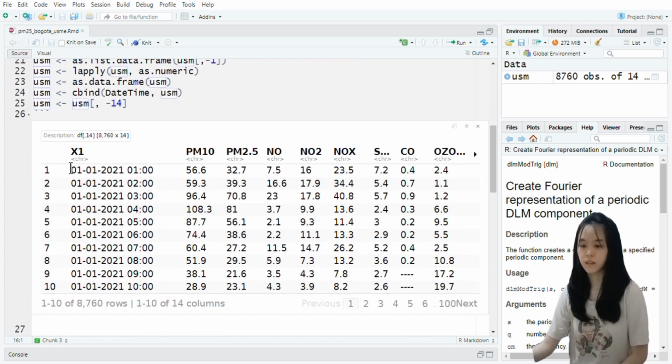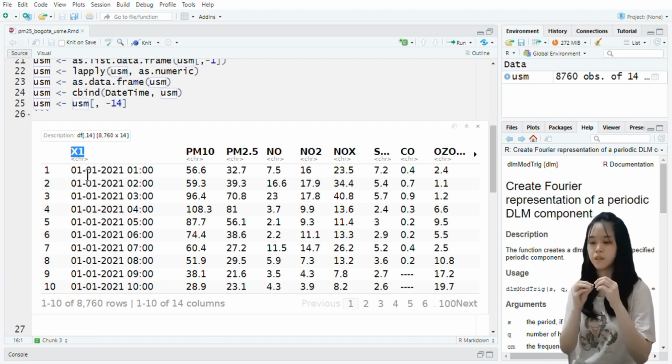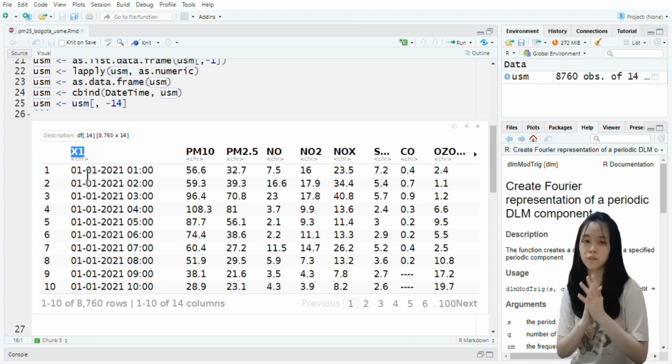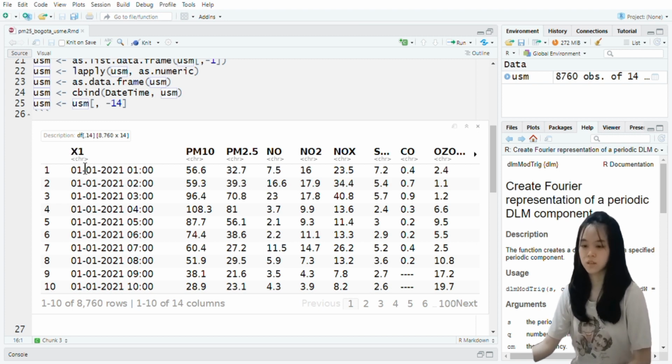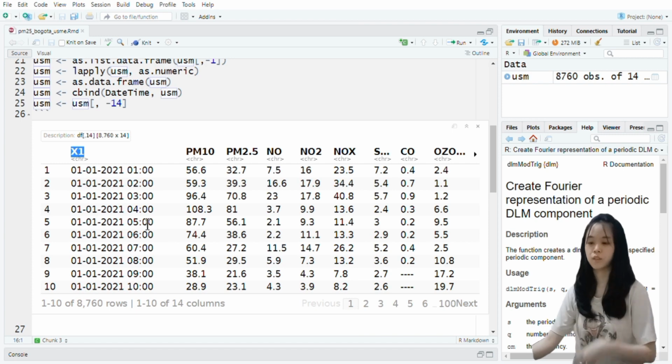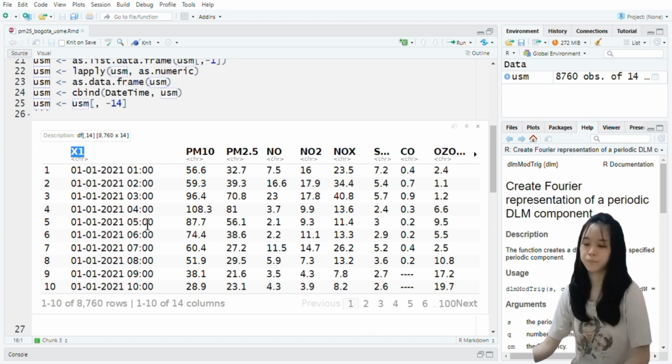The datetime column doesn't have a name right now because the name is on a different line, so R just gives the name X by default followed by the number of the column.